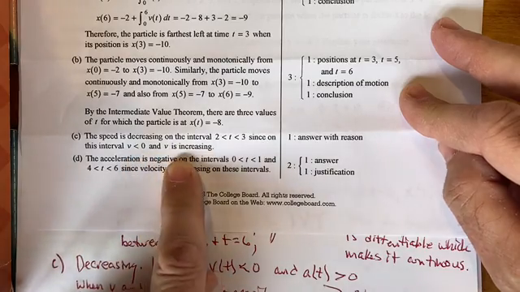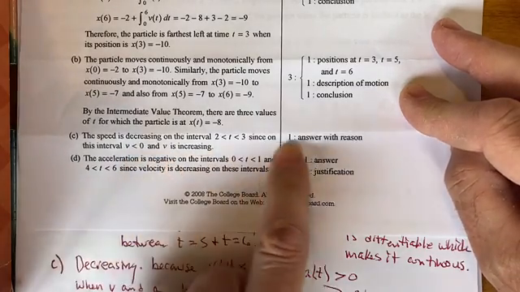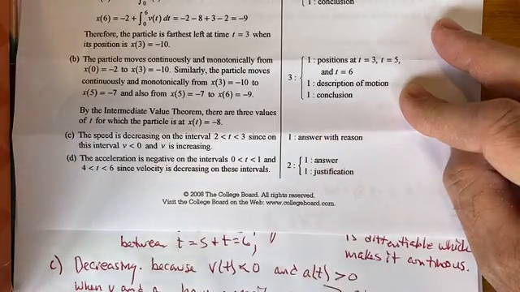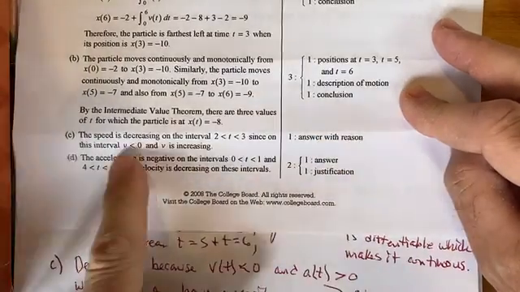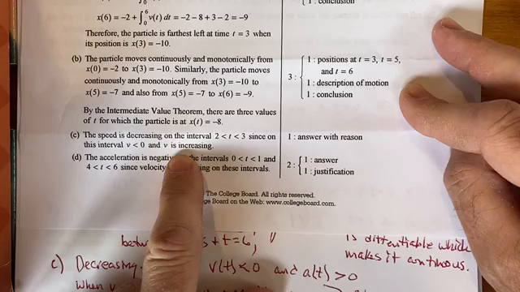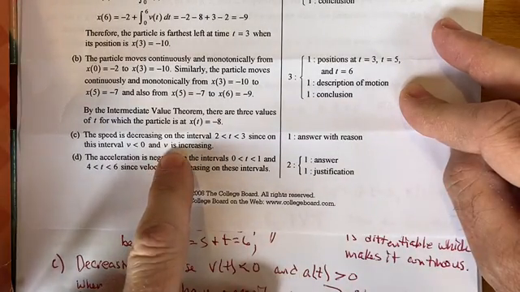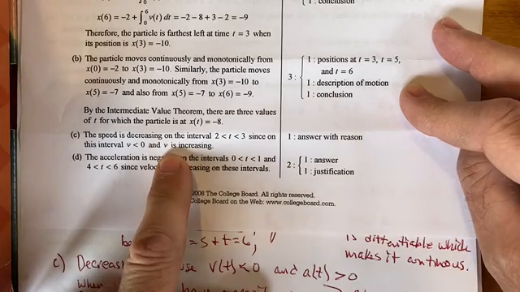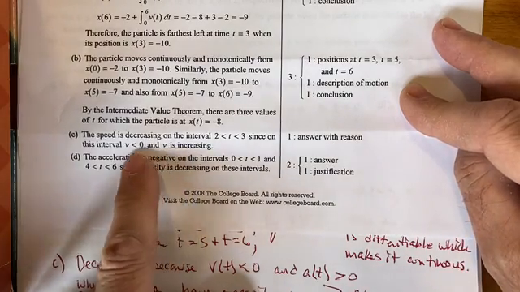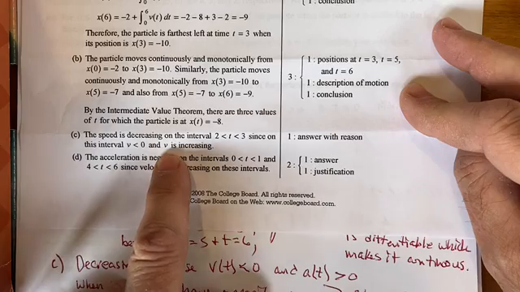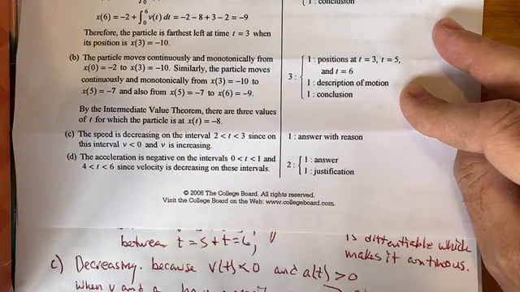V is increasing. Okay, same deal. Speed is decreasing because of velocity and acceleration: the increasingness or decreasingness of the velocity is the acceleration, right? The slope of the velocity. Velocity is negative, but it is also increasing.